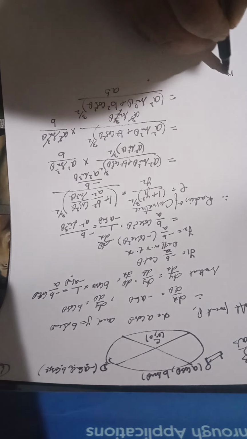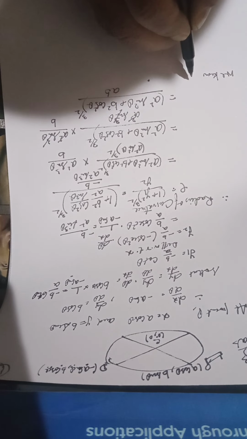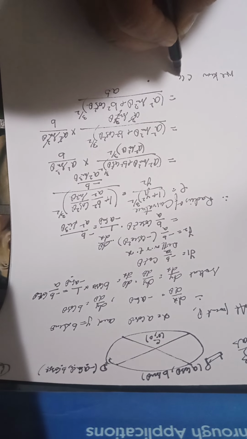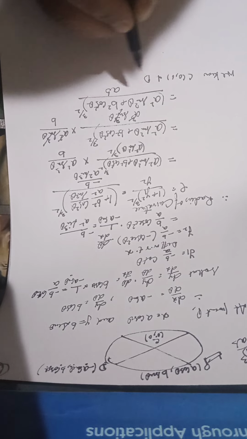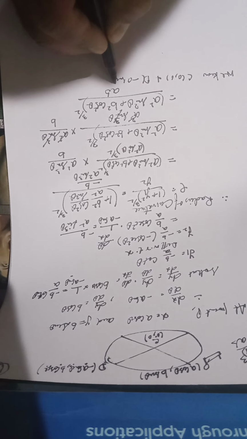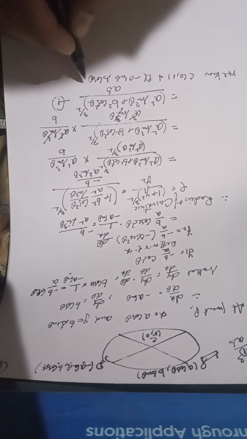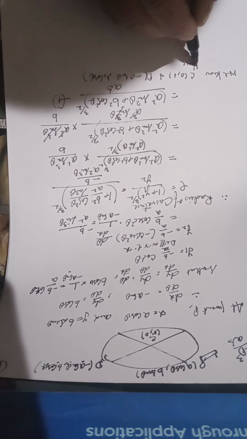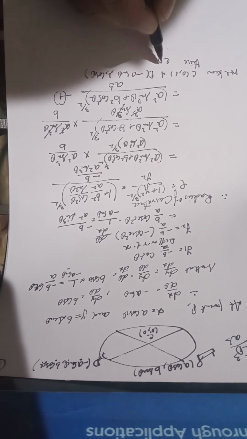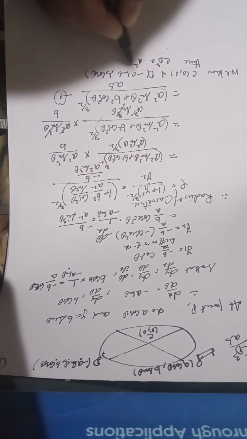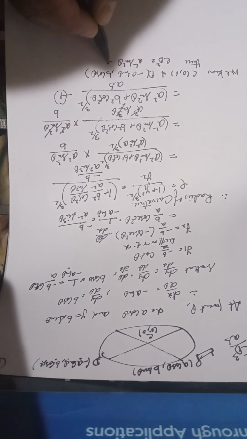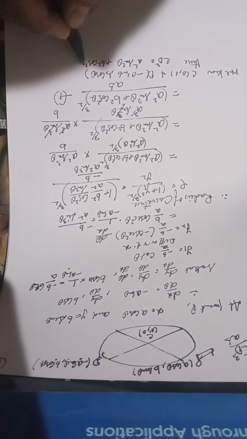We know your C is 0, 0 and D is minus a sin theta, b cos theta. This is 1. Therefore, CD square is equal to a square sin square theta plus b square cos square theta by the distance formula.